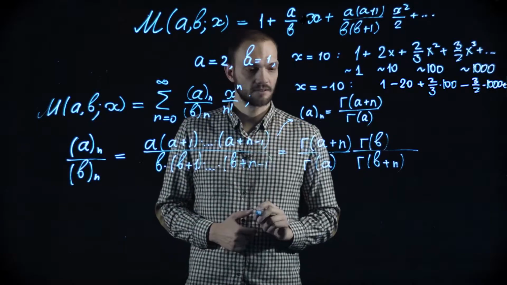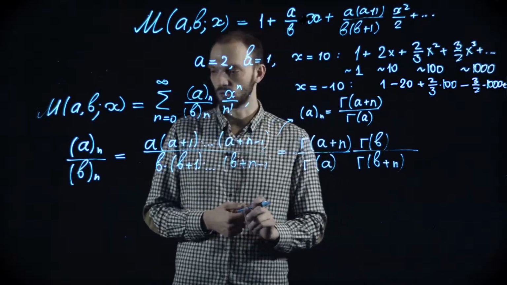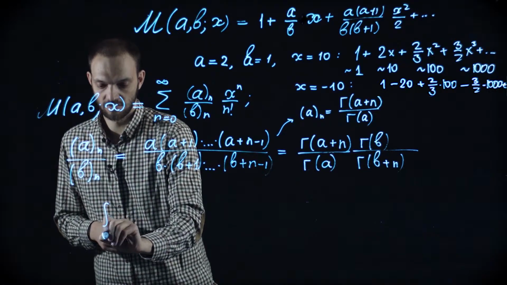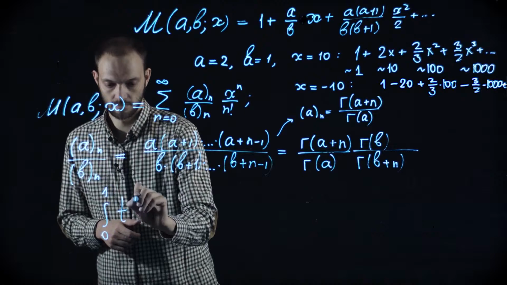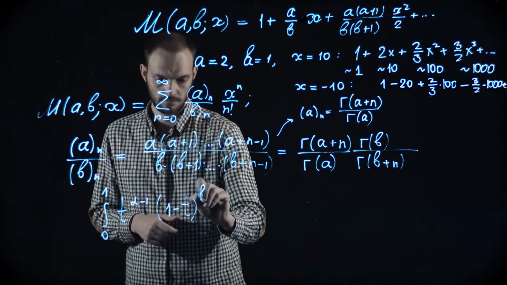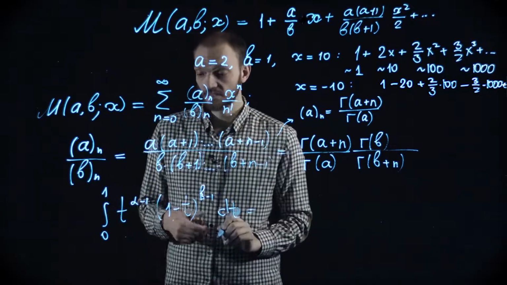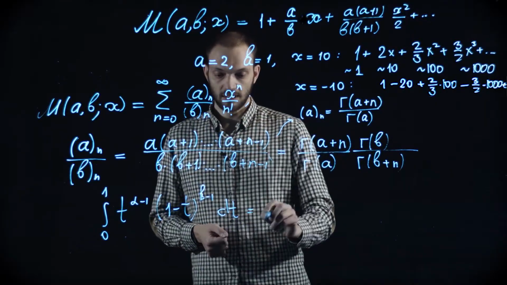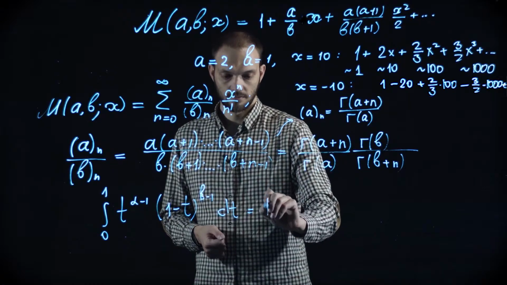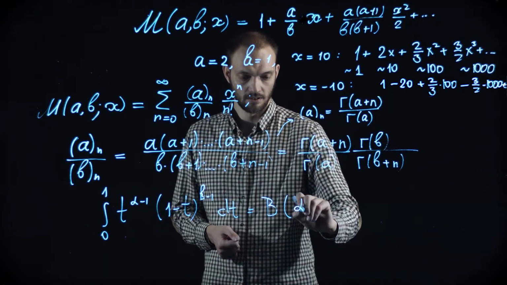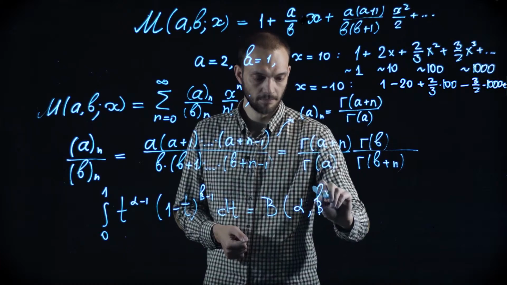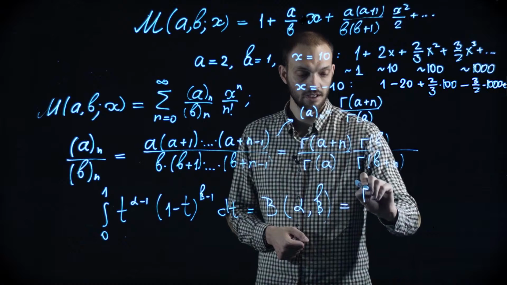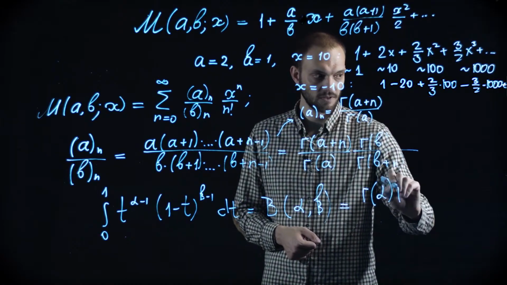The second one is well known to you by now, the beta integral of Euler, which is given by the following expression. This integral, as soon as it converges, which we'll assume from now on, can be written as the following. First of all, it is nothing but the Euler beta function of alpha and beta, but on the other hand, it can be written in terms of gamma functions.